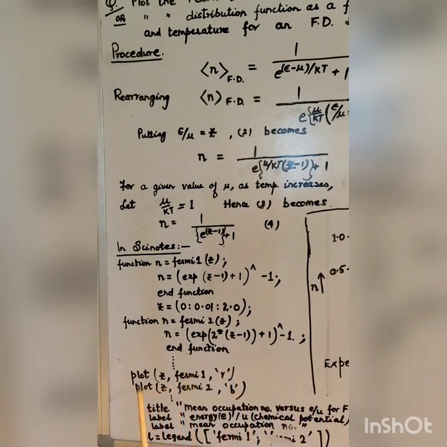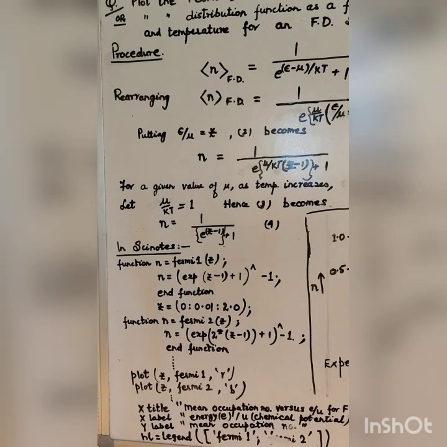Now after all this, you write plot z, Fermi1, and in inverted commas r. That means the graph that you will get will be red in color. Similarly, I write plot z, Fermi2 and b, that stands for blue, so the graph will be in blue, and so on and so forth. Now after you've done that, you have to write xtitle, mean occupation number versus E by mu for every system at different temperatures.